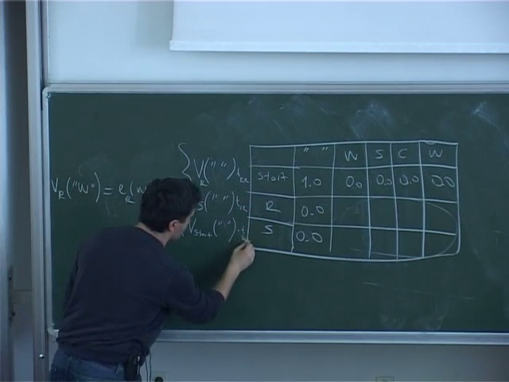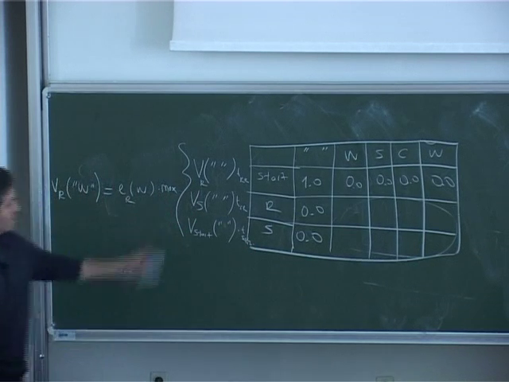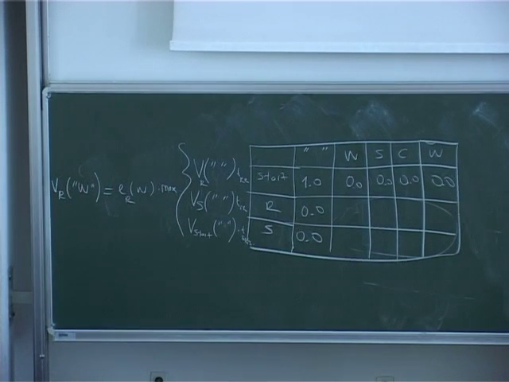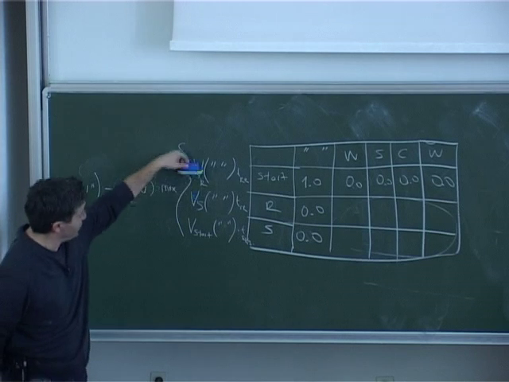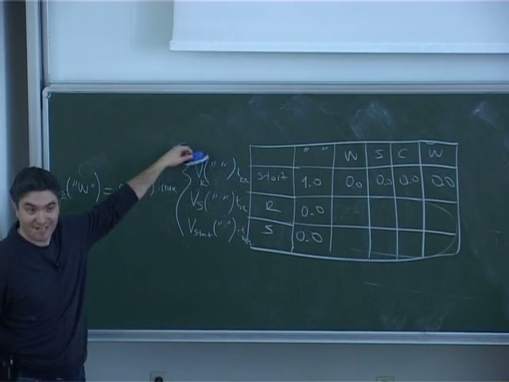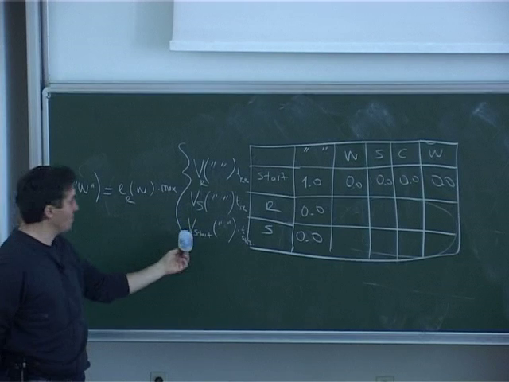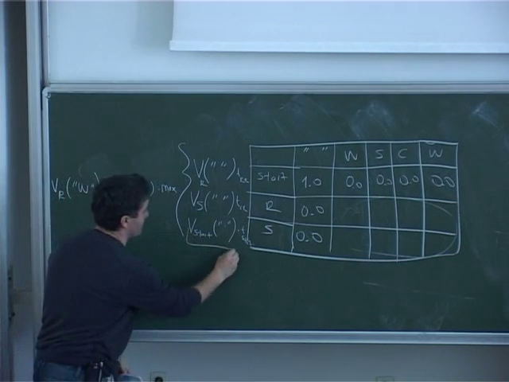Now, when filling in the first entry, you immediately see that these values here are 0, right? So here our max only chooses this one. We start at 1, this is 1.